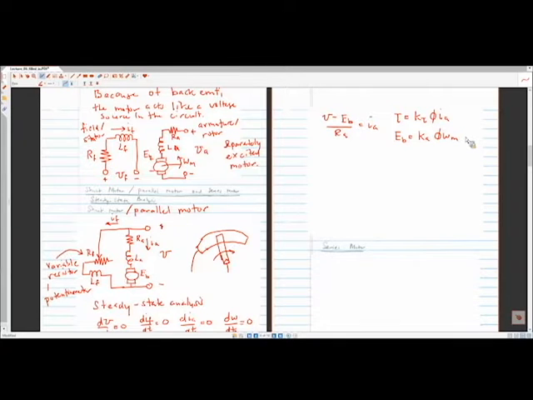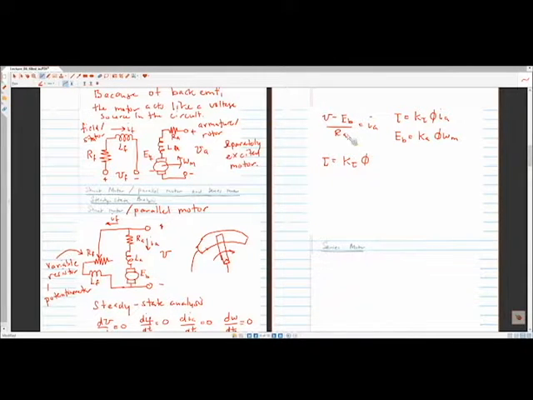So if we want to now express everything in terms of torque, that's KT, or K tau phi IA.